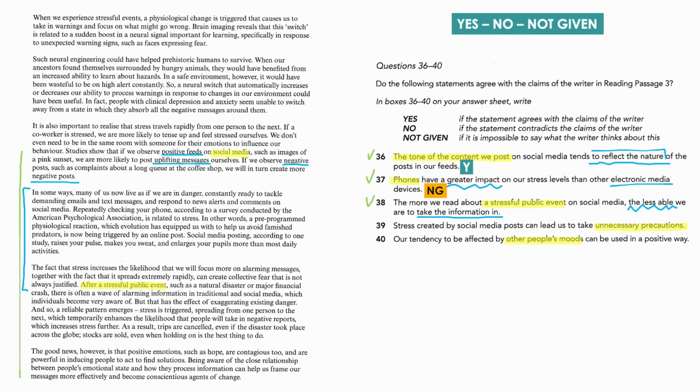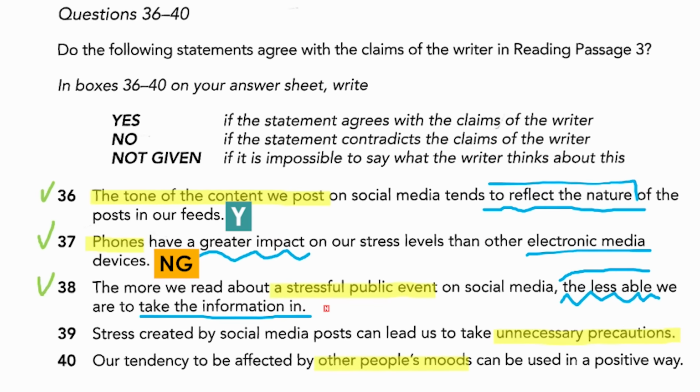Here is the important part. This temporarily enhances the likelihood that people will take in negative reports. We actually even have the same verb to take in, but they are more likely. It enhances the likelihood. They're more likely. They're not less able. This is a direct contradiction, so the answer is no.